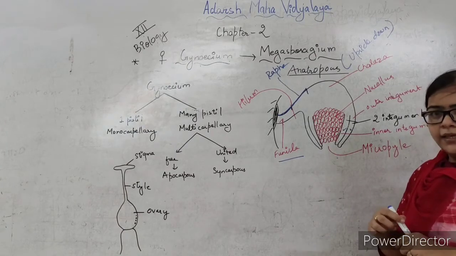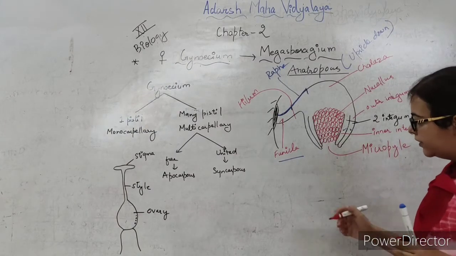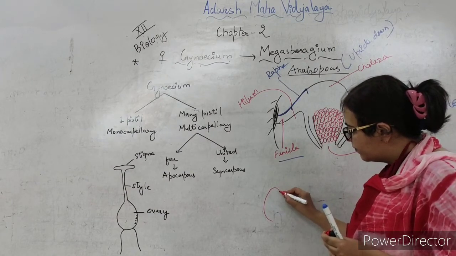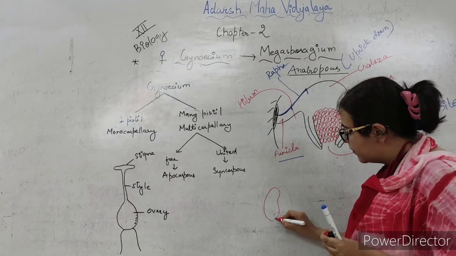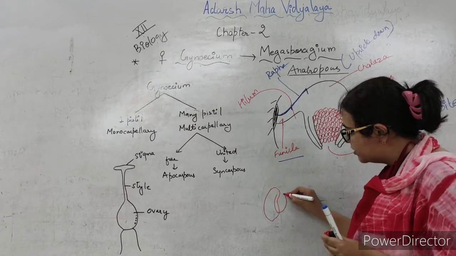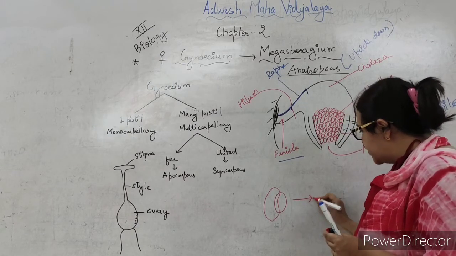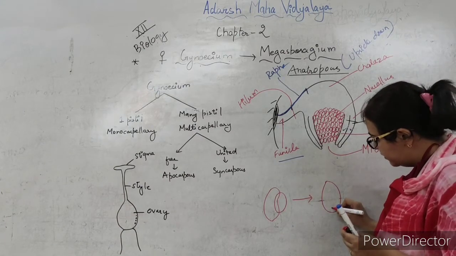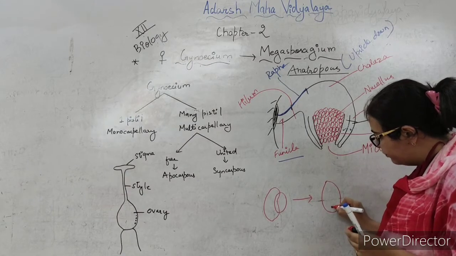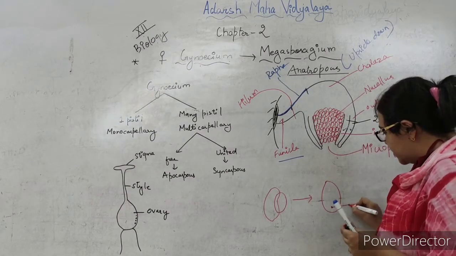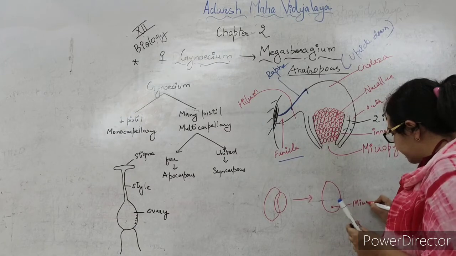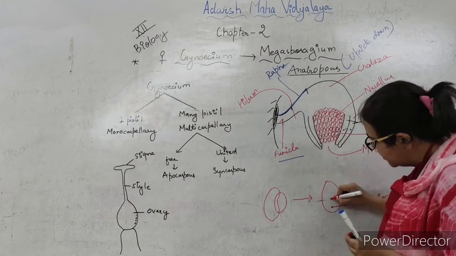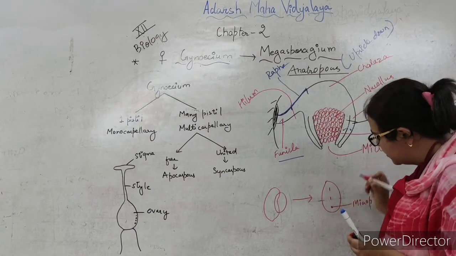Now when you take any seed, like a bean seed, and observe this particular structure, you will see three markings. One will be the pore like structure which is called the micropyle. Here a scar structure will be there and here also a scar.